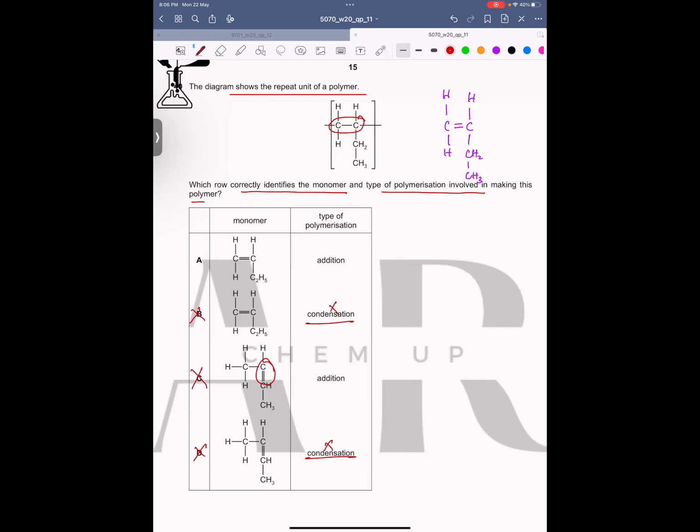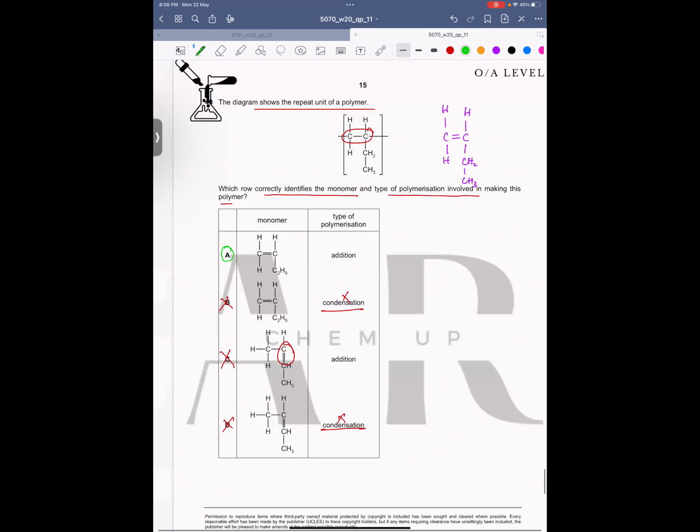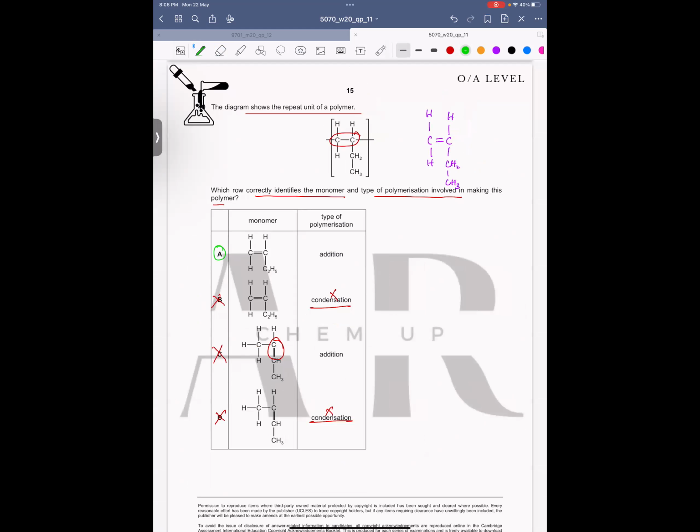So C goes wrong. So it means our A option is correct. Is it clear? Yes, sir. Yes, Abdullah. Okay. So we have completed one paper in the 2 sessions.